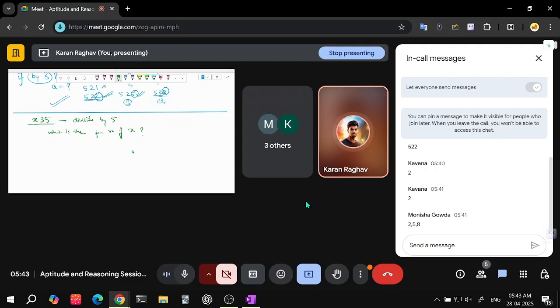So what is the rule of divisibility for 5? Unit place should have either 0 or 5. And you can see in this number clearly the units place is 5.